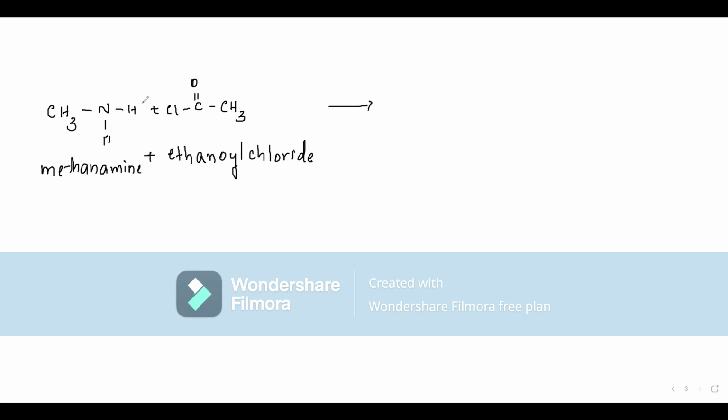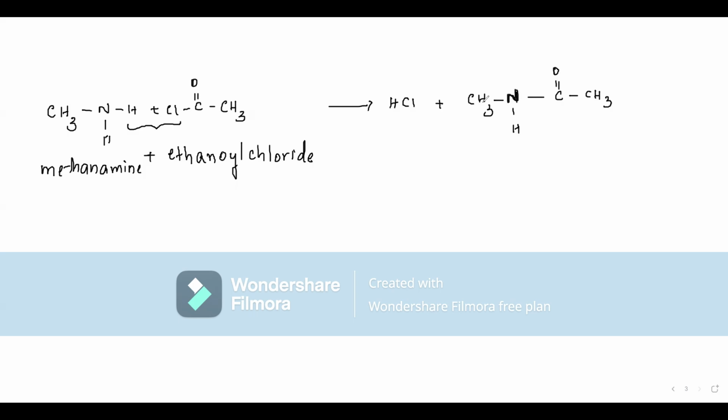So how did I ask you to write the product? Initially remove the HCl. So HCl is removed. Now whatever is remaining, put them together. CH3 N with a H, and on the N now C double bond O CH3. Again, while naming, search for the nitrogen. Here is your nitrogen.